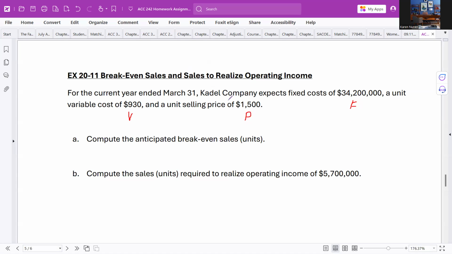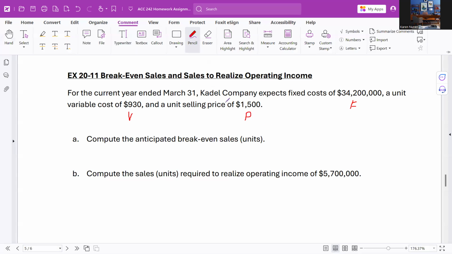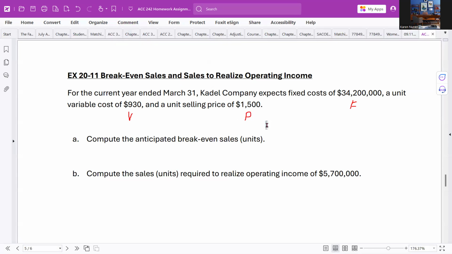So we've got F, we've got V, and we've got P. And we know that the unit contribution margin is equal to P minus V. So we can get that unit contribution margin by taking $1,500 minus the variable cost of 930, and that will give us a unit contribution margin of $570.